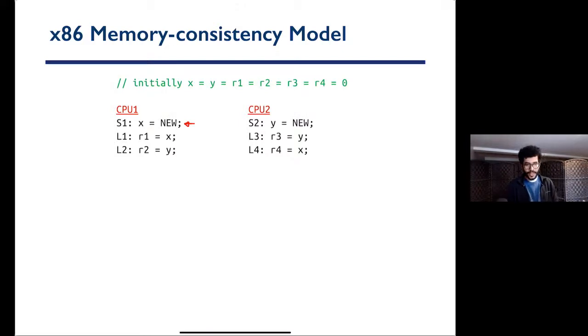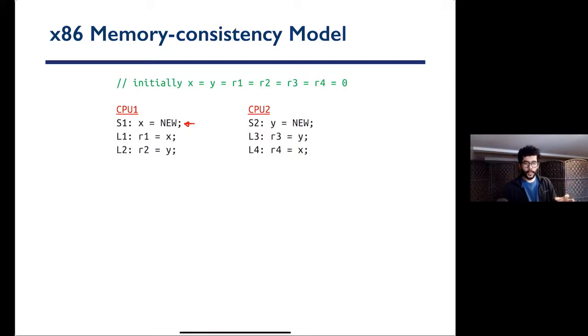The way it works actually is by putting in buffers. If you have taken any computer architecture course, or you will come across this phrase, store buffer. What happens is in CPU1, when you execute x equals new, so you're writing new to the address of the variable x, this store does not directly go to memory.